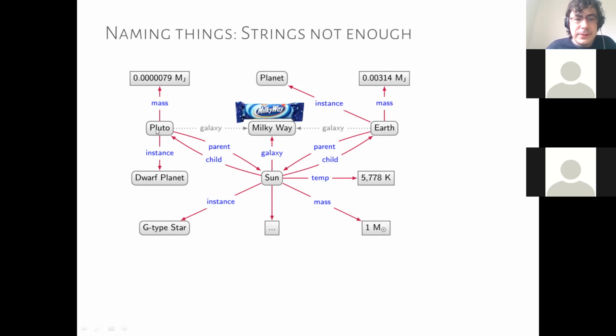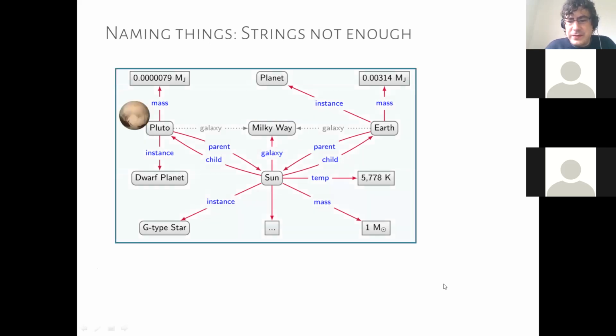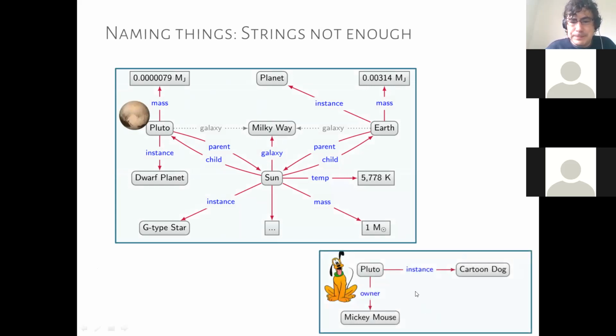And Pluto. Okay, we know that's the planet, but we might also confuse it for the cartoon dog. So if we imagine we have some other source of data on the web, here we want to describe the planet and galaxies and so forth, right? The reason why this is dotted here, by the way, is to say that we could add this, but we could also at some other stage infer it, because parent galaxy implies galaxy.